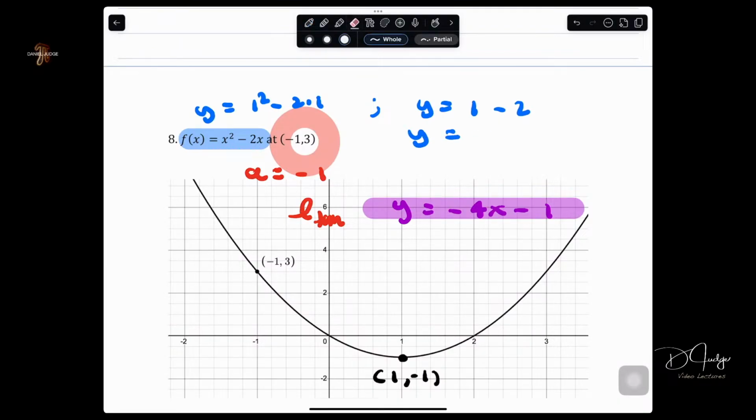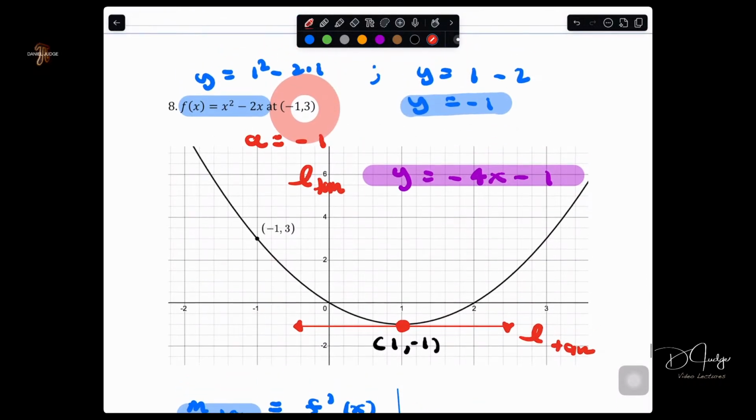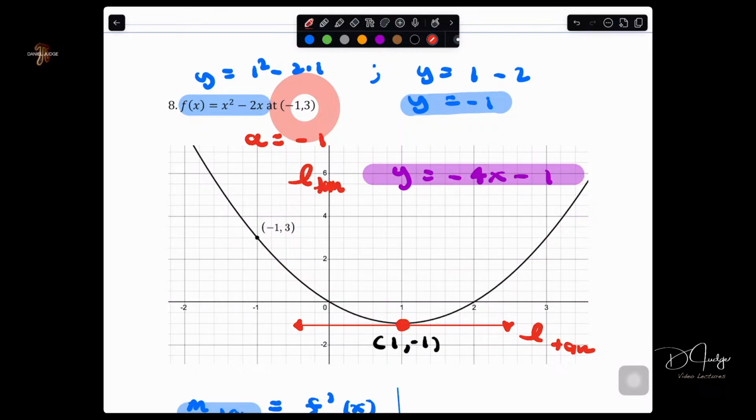So y is -1. And sure enough, when x is +1, y will be -1. This is the location where you have a horizontal tangent. That's what we're looking for.